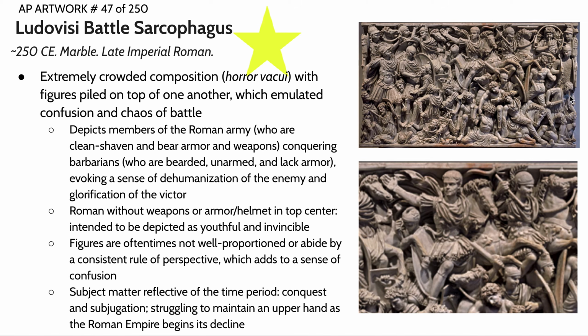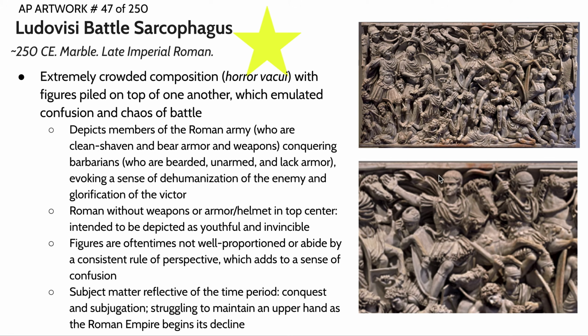So there's this dehumanization that is actually happening in this piece. We have this glorification of the victors. They're obviously doing pretty well for themselves. They're very victorious. We even have this central figure that is raising his arm in a gesture that's very similar to the one that we're seeing on the Augustus of Prima Porta, this orator's gesture.